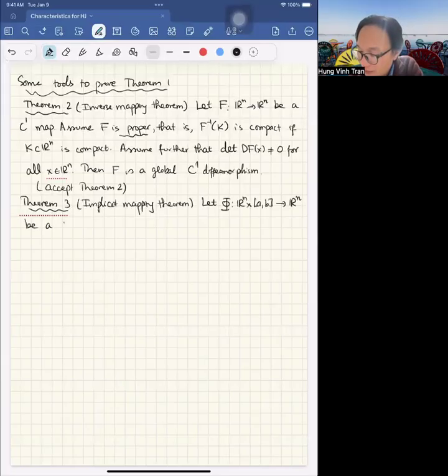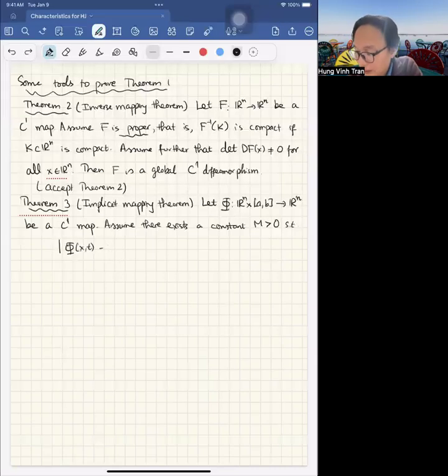Assume that there exists a constant m greater than 0 such that the function is m close to the identity map.